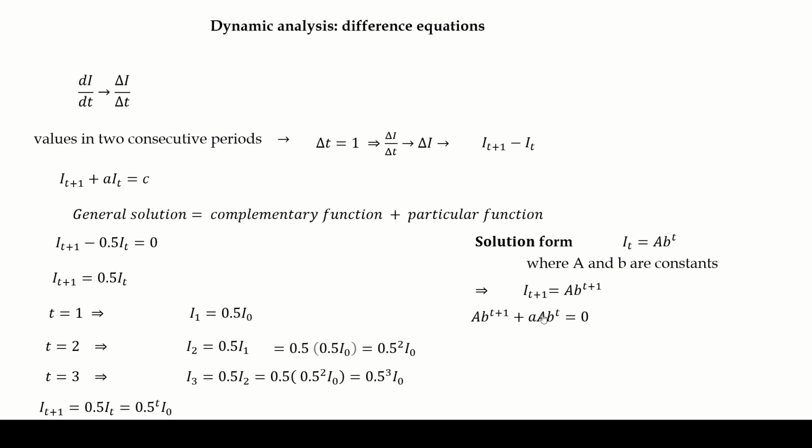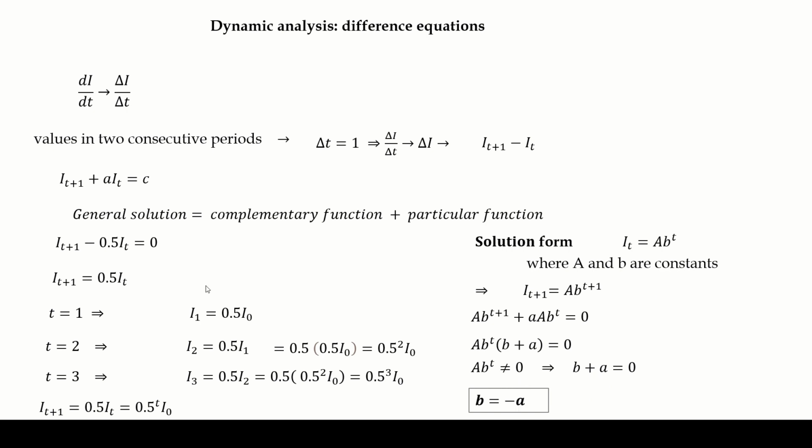From here, I just have to take common A b^t and cancel out this non-zero term, and I will get b equals minus a. So now I know that I can find the value of b in this case, which would be minus a.